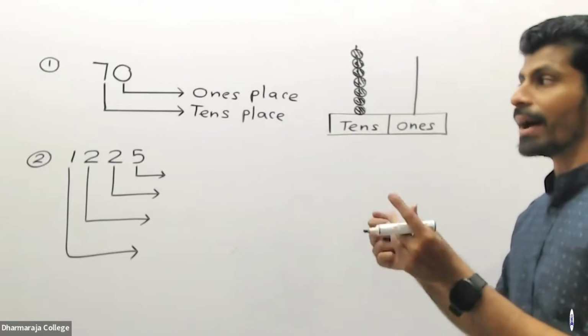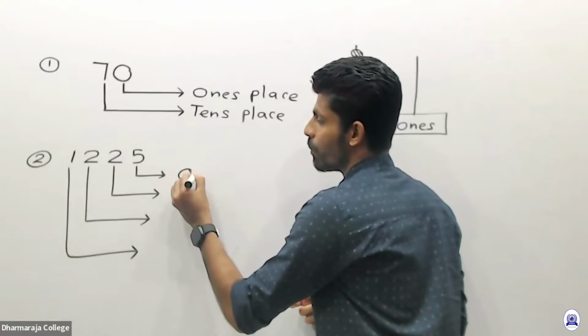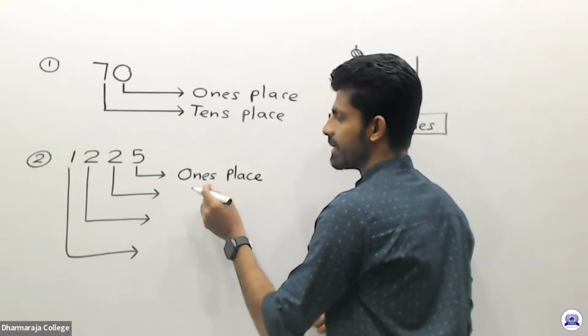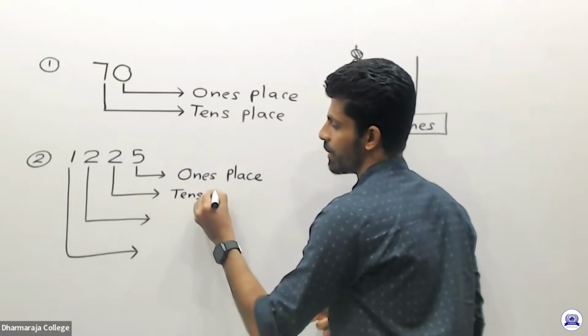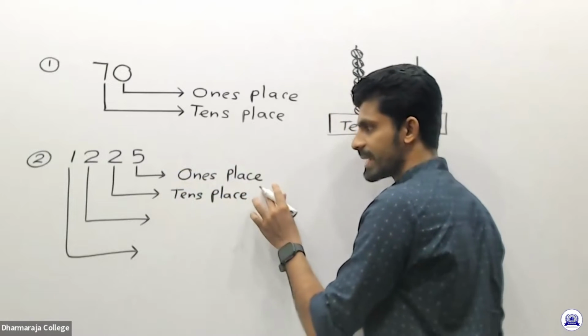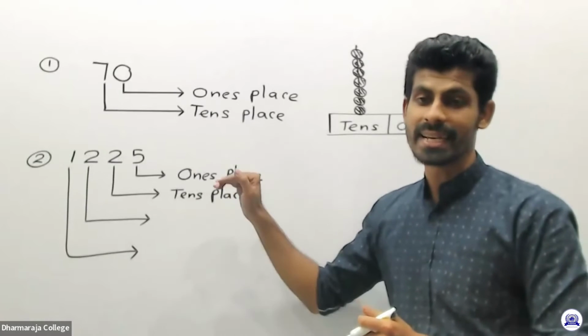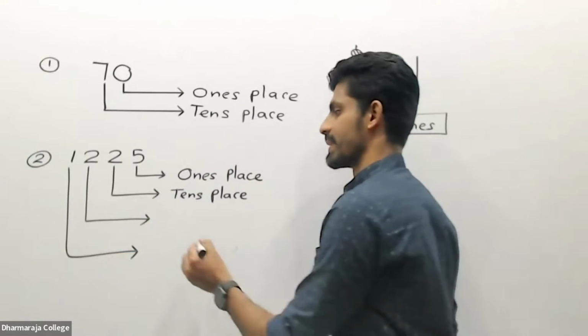All right, let's move to question number 2. What is this one? Ones place. This one, tens place. Ones place, tens place. You know the next one: 1, 10. What is the next place? Hundreds place.